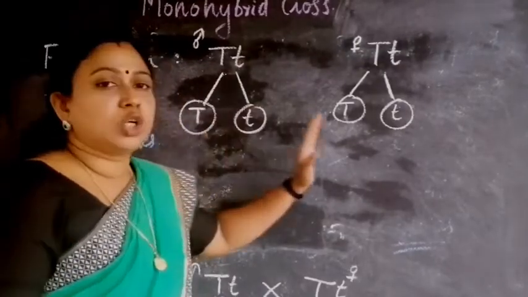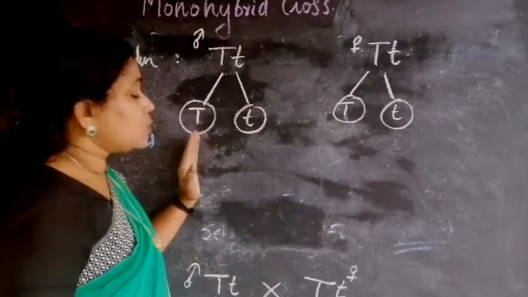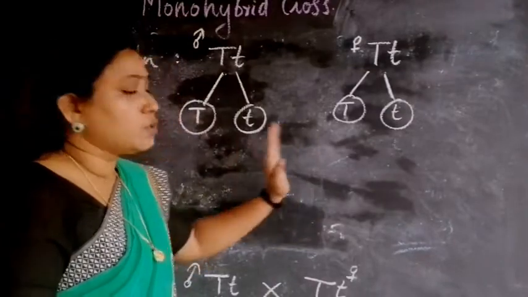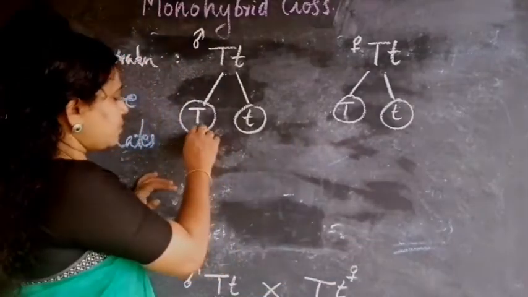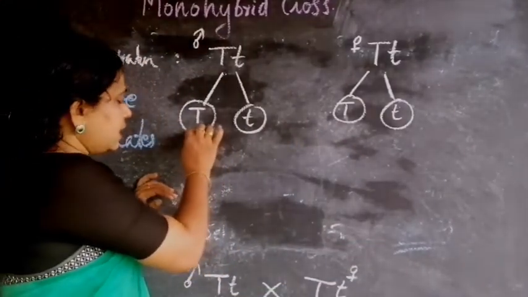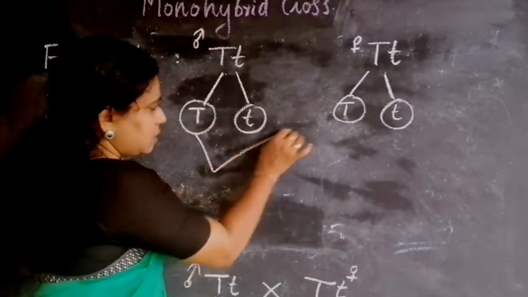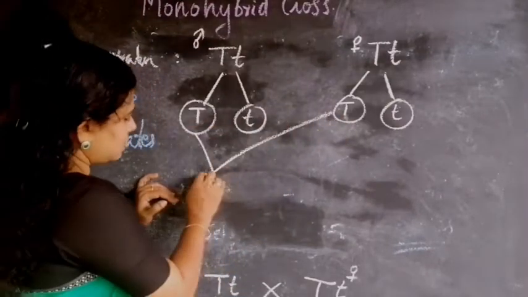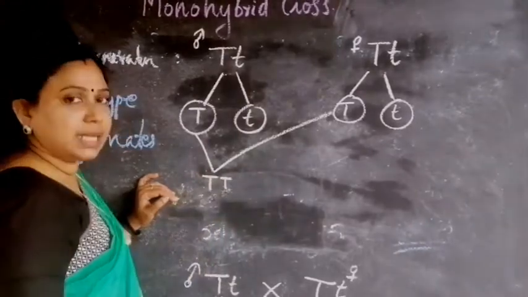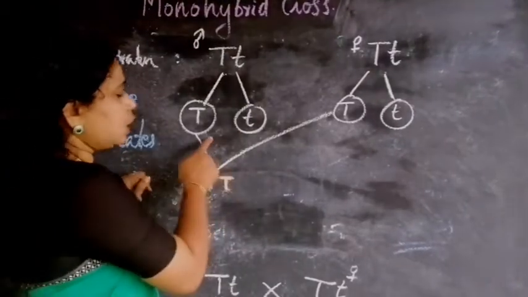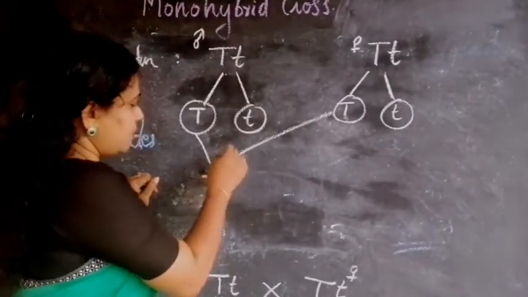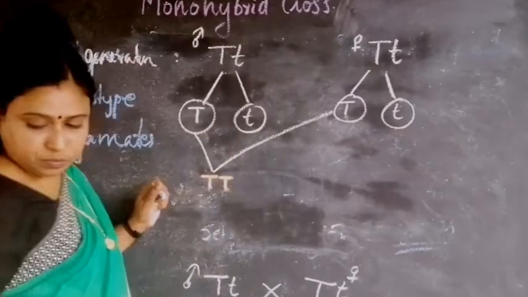So these gametes undergo fusion. What are the possible fertilizations or fusions? The chromosome containing this gene can fuse with this gene. So what is formed? Capital T, capital T. Now, what is another possible fusion?